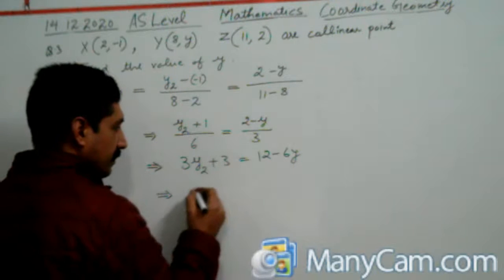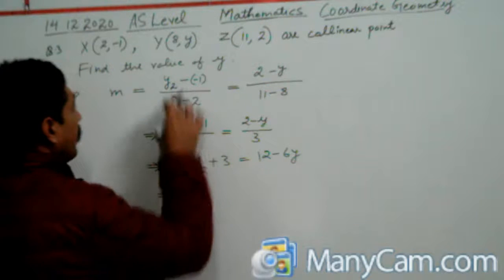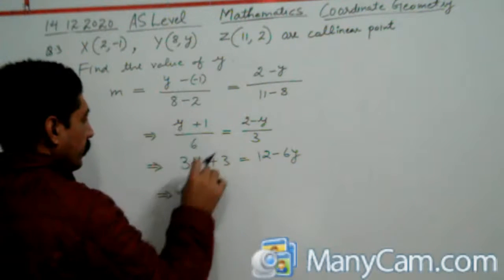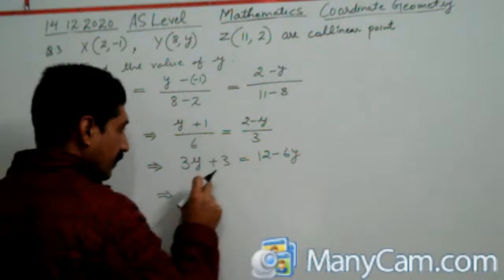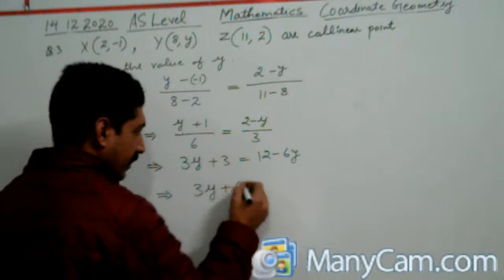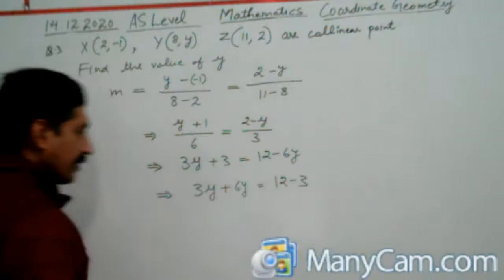The variable is y here. So 3y plus 6y is equal to 12 minus 3.